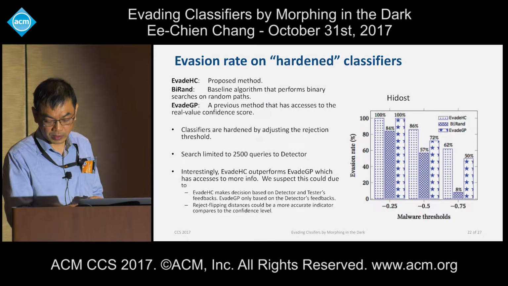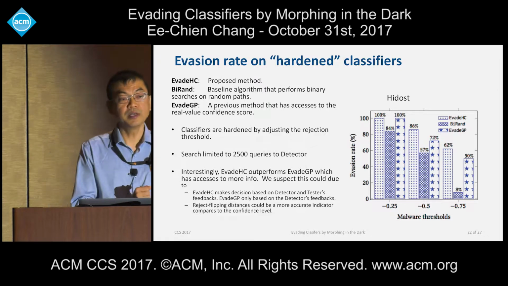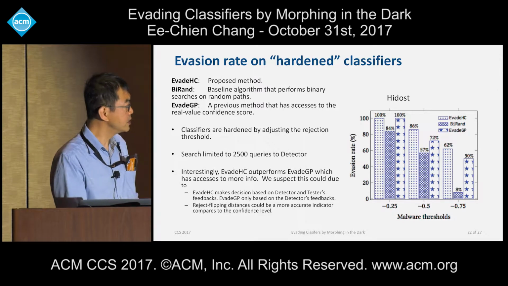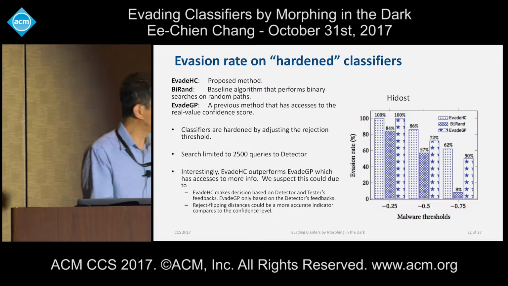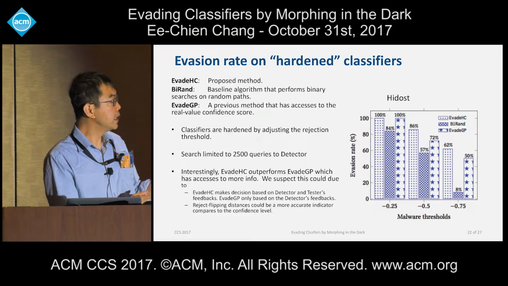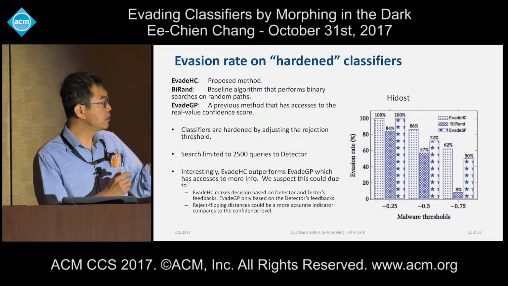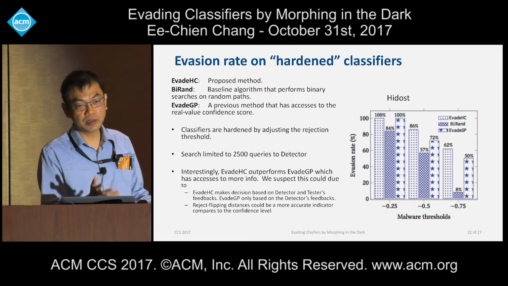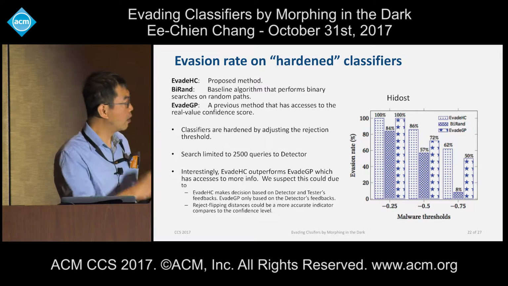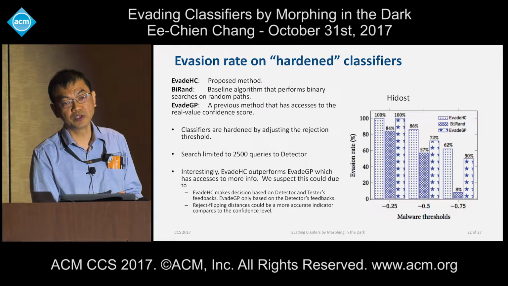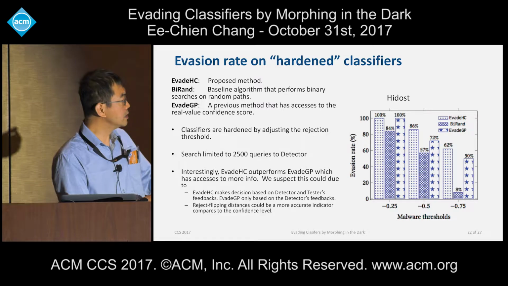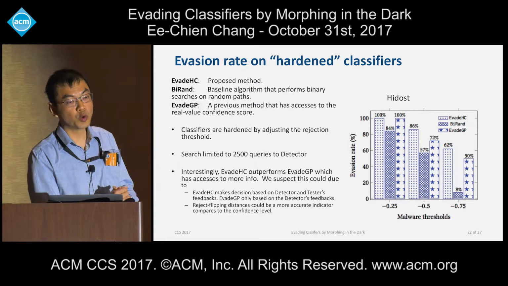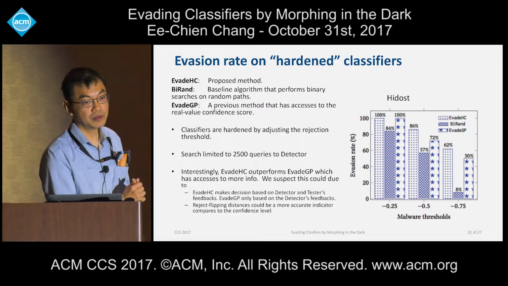We compare our method with 3 algorithms. First is our proposed algorithm, we call it EvadeHC, and then a baseline algorithm, binary random. Basically, binary random generates many random paths, and does a binary search on the random paths to search for evading samples. In binary random, only one detector query is required for each path.